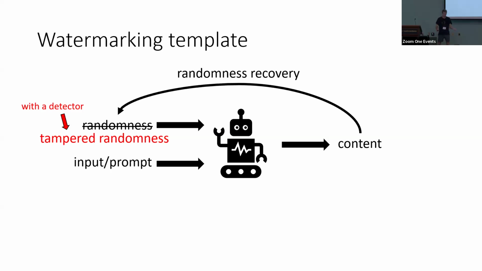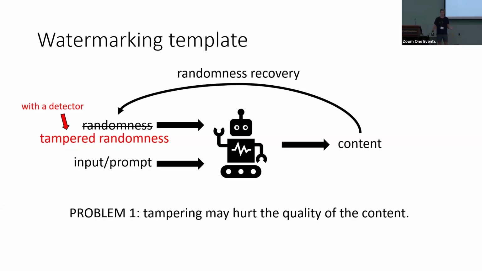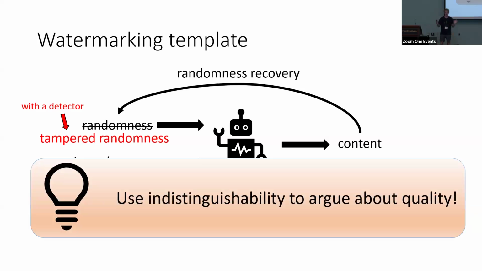You can do this, but there's a problem, which is that tampering might hurt the quality of the generated content. In general, whatever you're doing to the randomness to get some pattern could change the kind of image that you're generating. So this is where cryptography comes in.